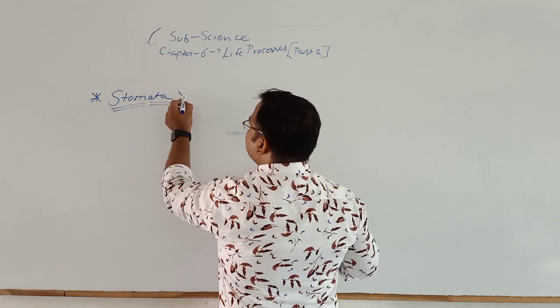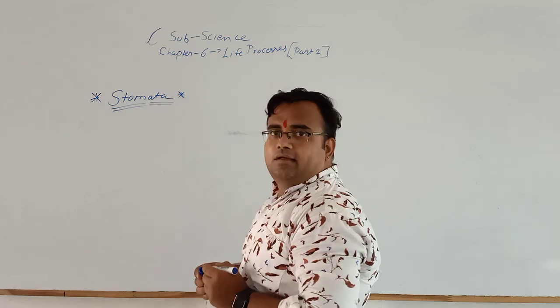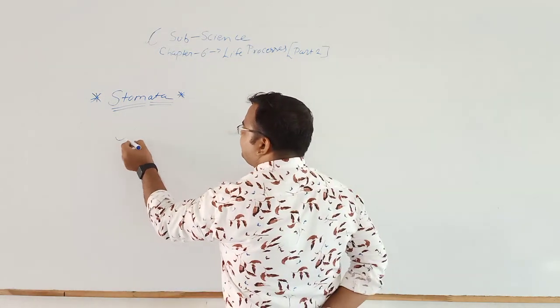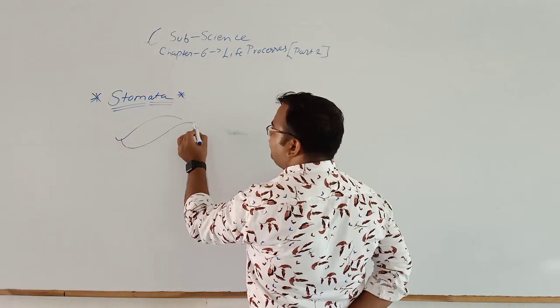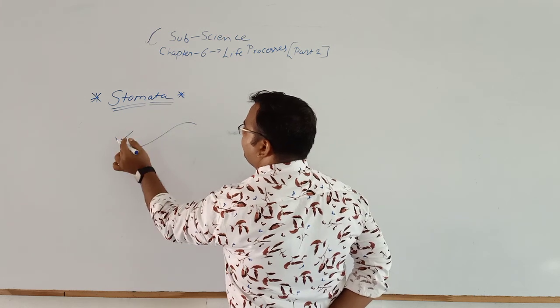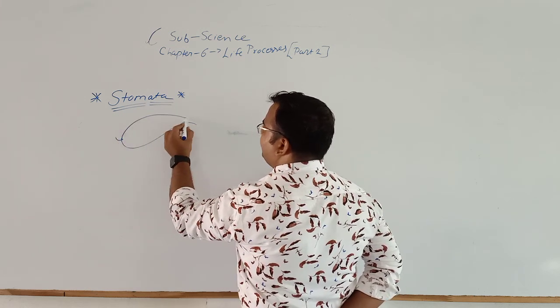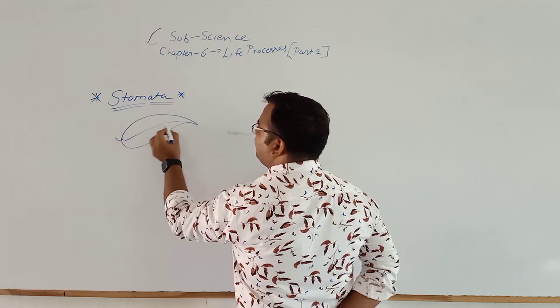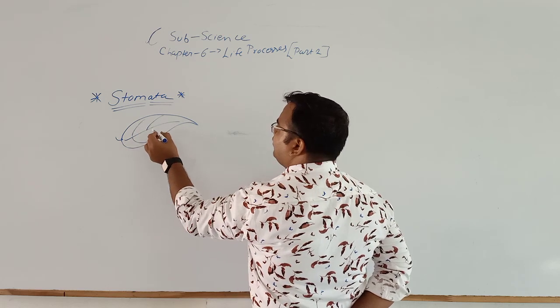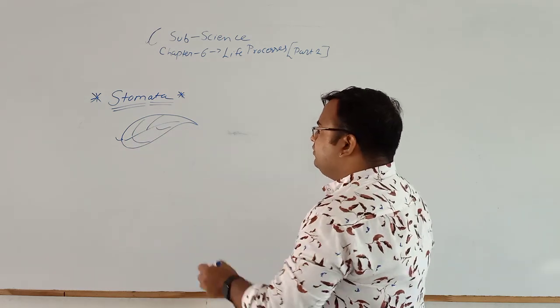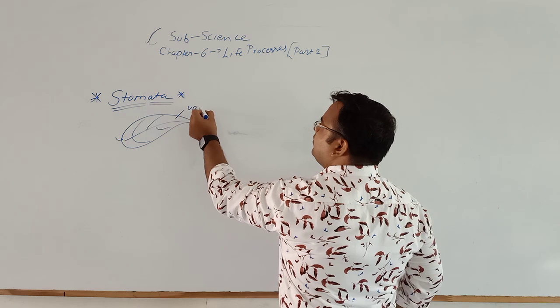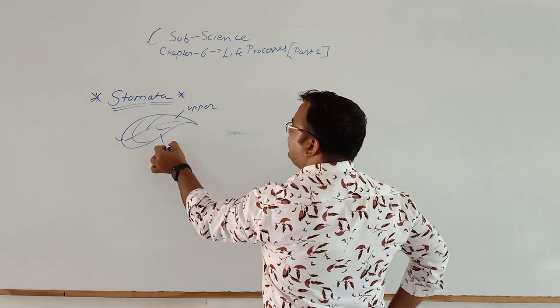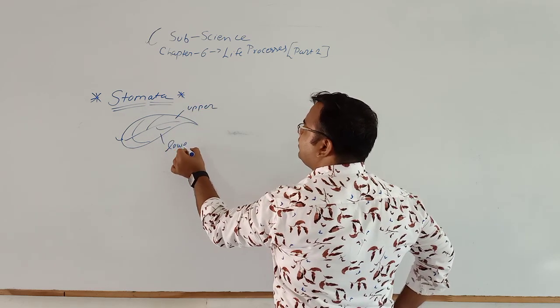See, if this is the structure of leaf, this is the upper layer and this is the lower layer.